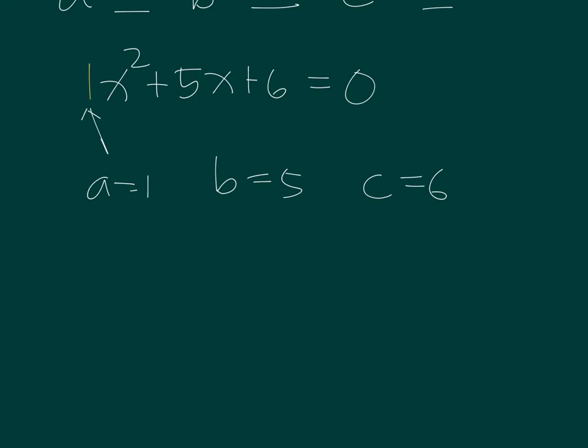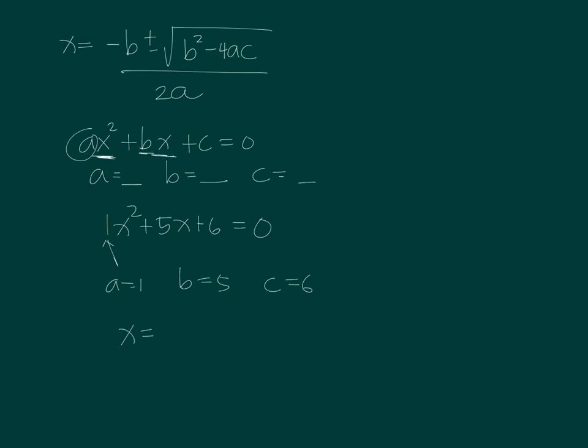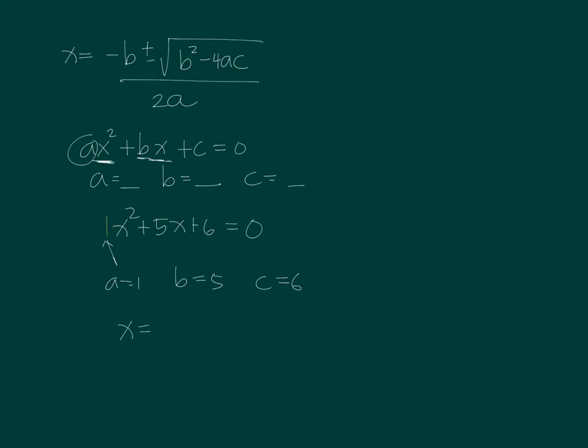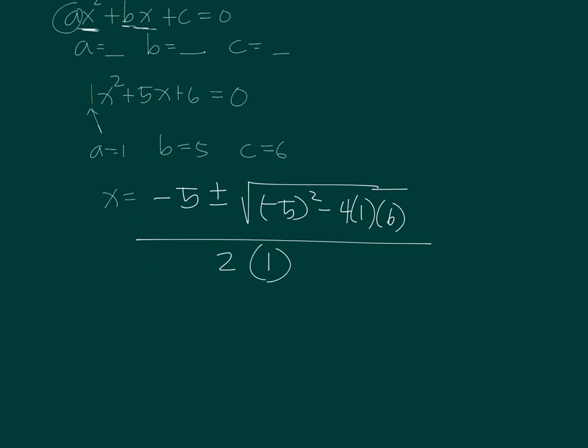Putting that in the quadratic formula, x is negative of the b, negative of the 5, plus or minus the square root of negative 5 squared minus 4 times 1 times 6, everything divided by 2 times a, which is 1. And then keep on solving.